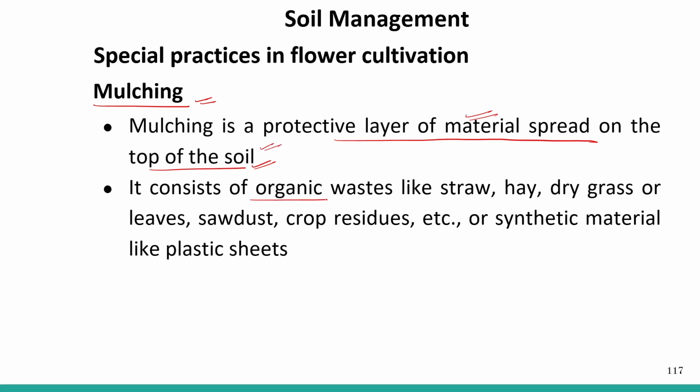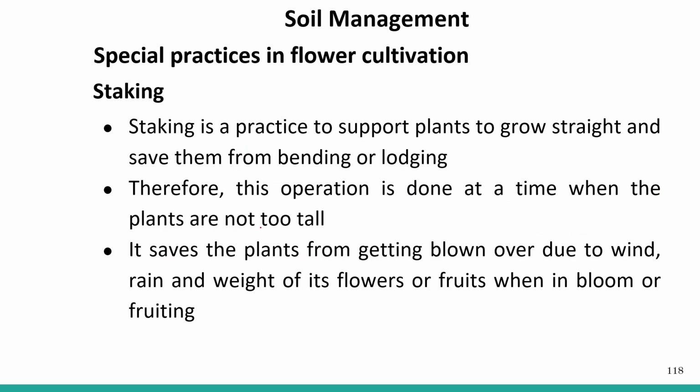It consists of organic waste like straw, hay, dry grasses or leaves, sawdust, crop residue, etc. That can be spread over the surface of the soil when it is exposed, so that it does not allow the weeds to grow, right? Or synthetic material like plastic sheets. So sometimes plastic sheets are also used for mulching.